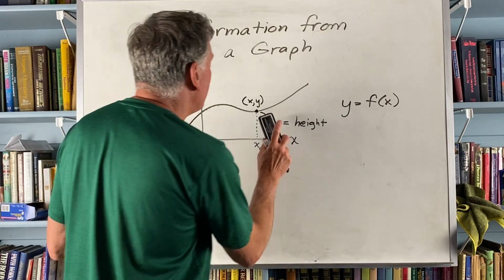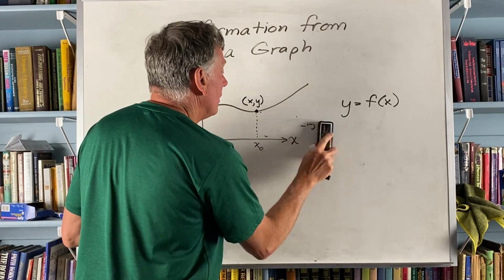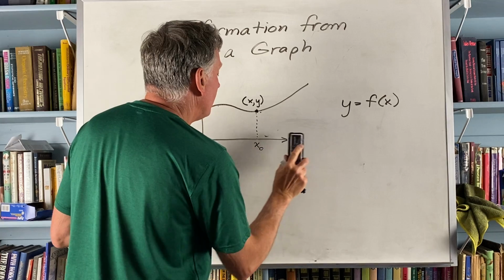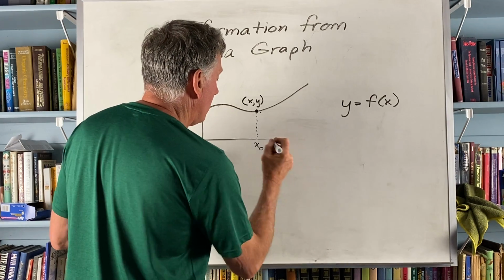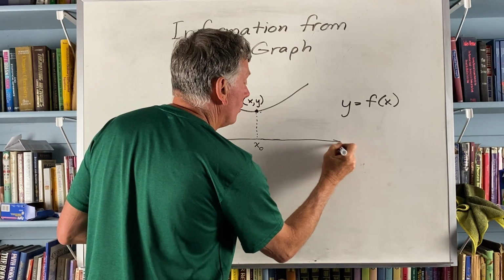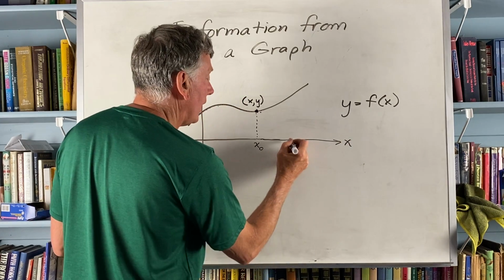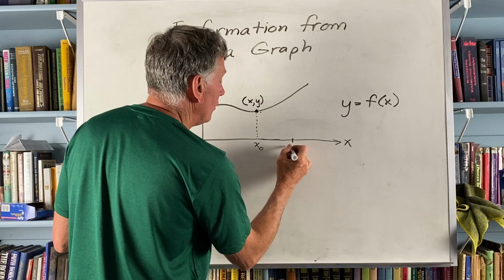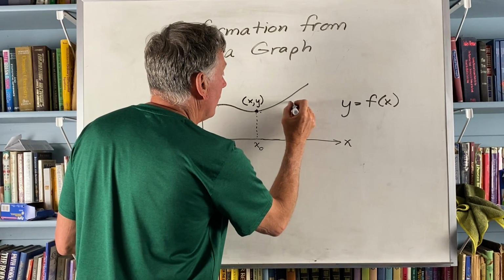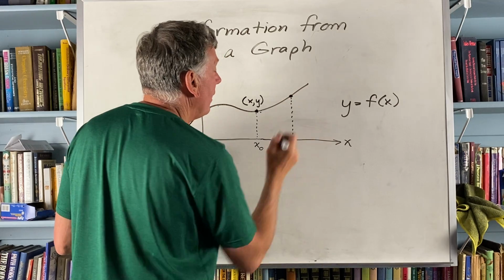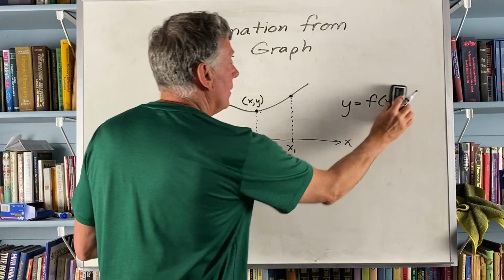Let me erase some of these here. But let's suppose I go out my x-axis there and I have another x value, x1, and it tells me that my y value is right there.